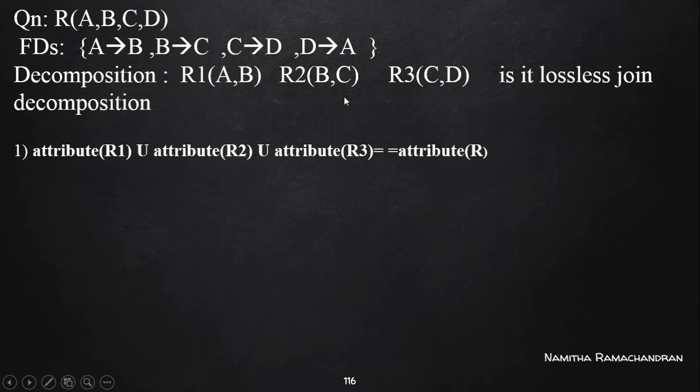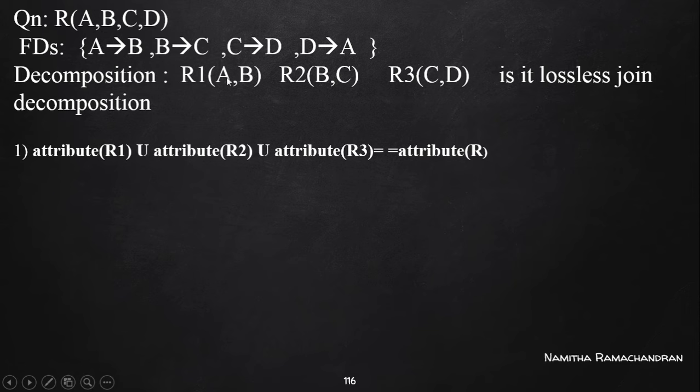So we go for our first condition: is the union of these 3 attribute lists equal to the attribute list of R or not? Here, attributes of R1 union attributes of R2 union attributes of R3 equal attributes of R or not?